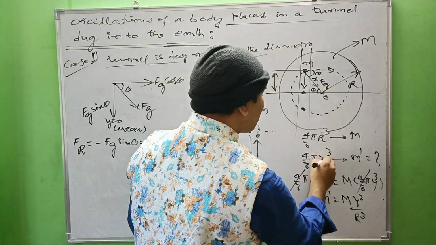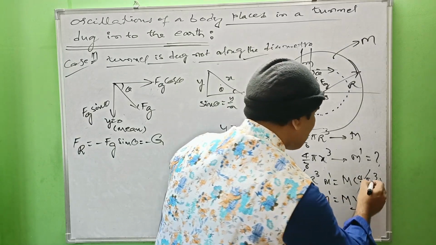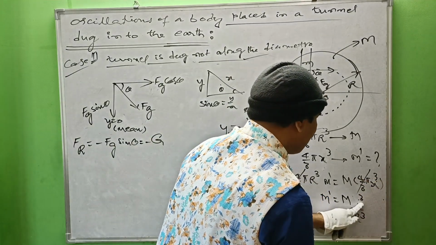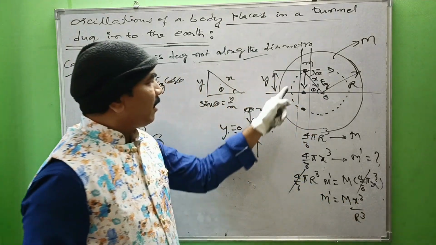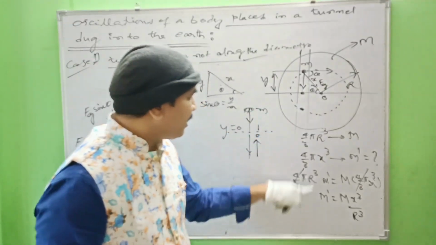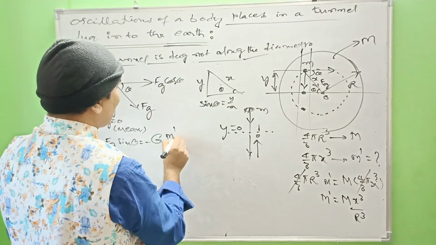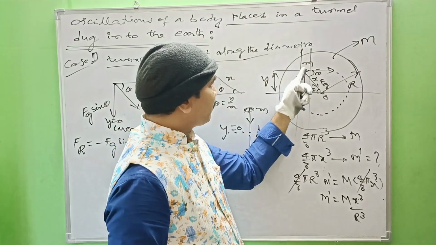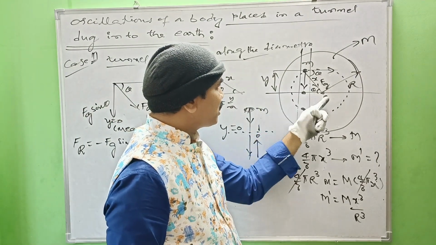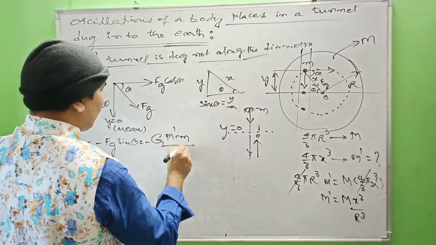So it becomes x cube by r cube. The mass of the effective sphere is m dash, so G into m dash into mass of the body divided by distance square. The distance, center to center, is x square.